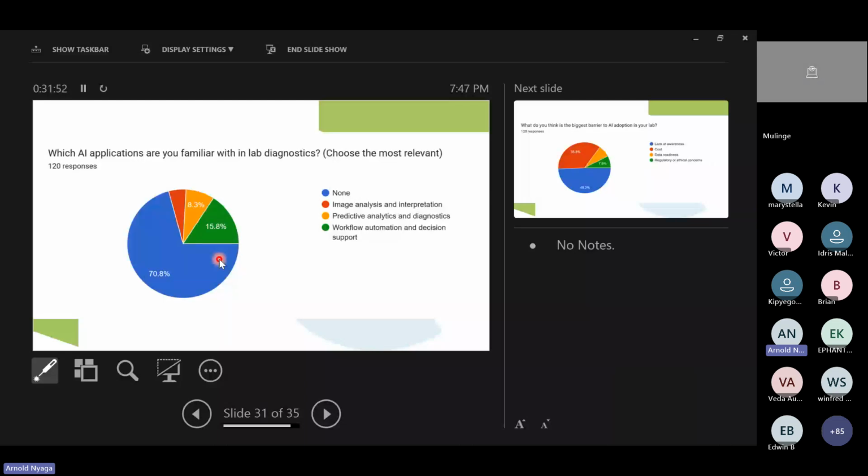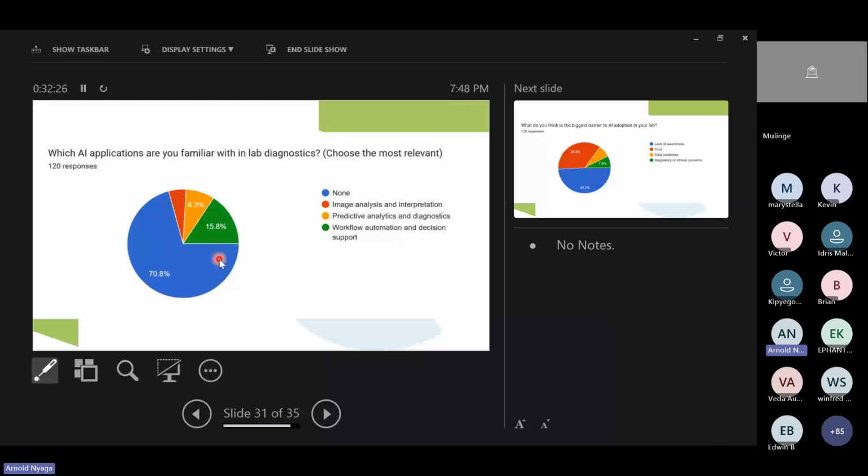Then, which AI applications are you familiar with in lab diagnostics? You can see a lot of people, about 70%, are not aware of the AI applications that are there in the medical laboratories, and that is why we need more training on digitization, automation, and artificial intelligence, because these applications, we are the ones who will be developing them moving forward.